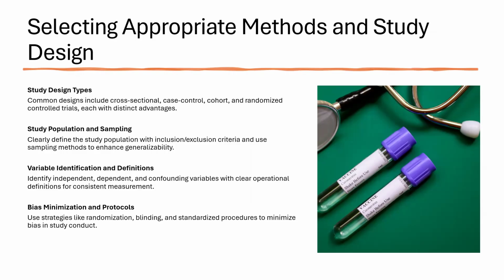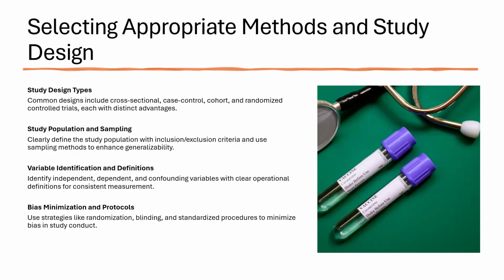So it should be your first step when you are developing a research proposal: study designs, study population and sampling, variable identification, their definitions, and talking about bias, data collection and management, and all the necessary elements that come under the method section should be answered, because the method section is the section which you will be using to apply in your study. This is the way you are going to collect your data. This is the way you are going to do your research.